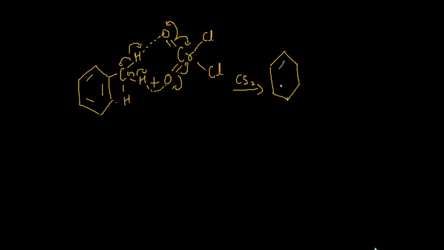Two hydrogens have formed bonds. Here only CH remains and you will get OCrOHCl2, correct? How many hydrogens were removed? Two hydrogens. So it forms a complex, OCrOHCl2 twice. Is it clear now?